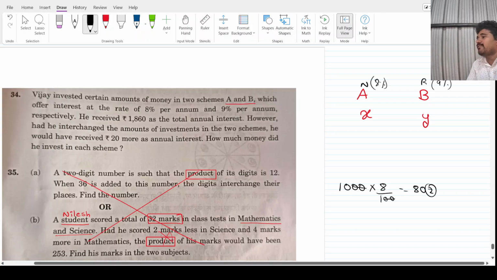That means I will give him extra 80 rupees. அவனோட 1000 அப்படியே இருக்கும். The 80 rupees is called interest. Suppose he gave 10,000, he will get 800, one 0 extra. Suppose he gave me 1 lakh, he will get 8,000, one more 0 extra. Like that it will come.